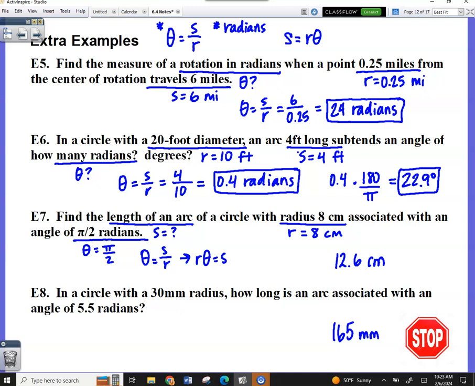So 8 times pi over 2, and because we're talking about the length of an arc, we need to actually type it in the calculator and get the decimal. And that's where you get 12.6.